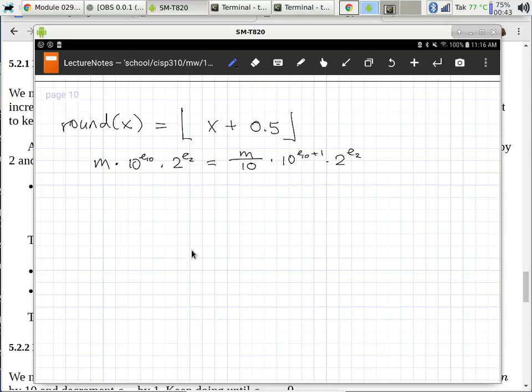So let's look at 36 divided by 10, and we do the rounding. Remember, we are doing the rounding.